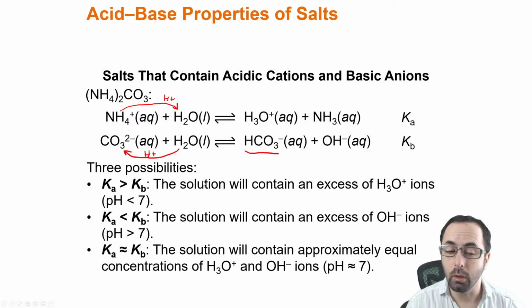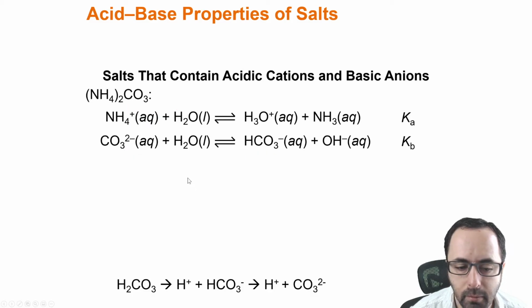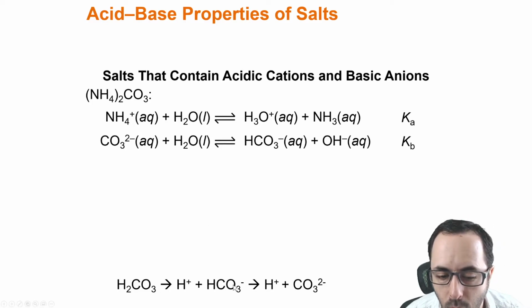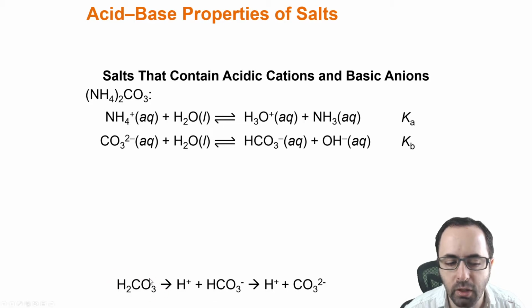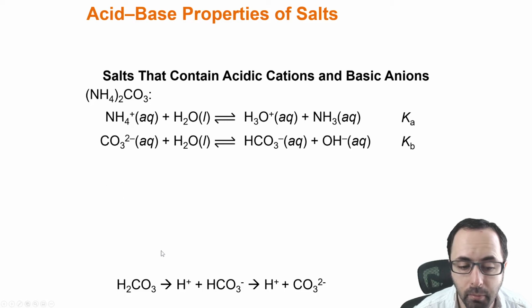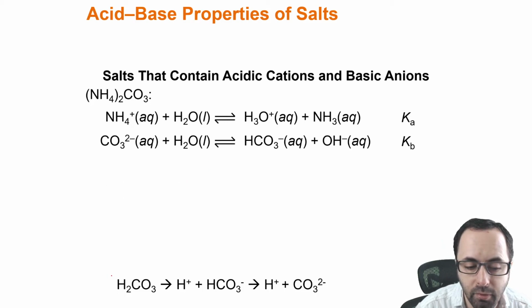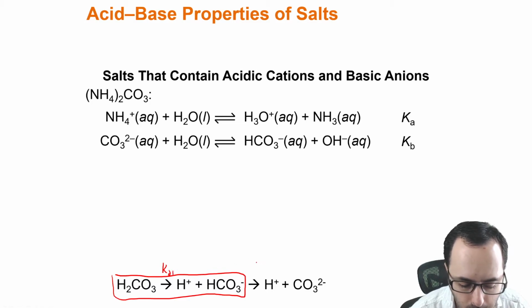So the hard part is going to be determining the Kas and the Kb's for these ions. One note here is that if we're trying to figure out the Ka for bicarbonate ion, this is in fact the conjugate base of carbonic acid here. So the K for this reaction right here is going to be Ka1 for carbonic acid.